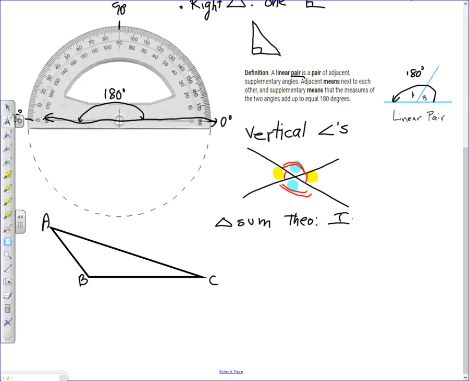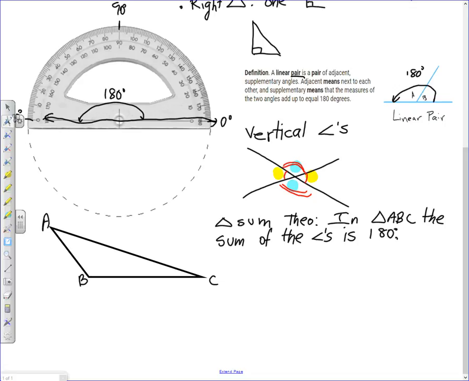In triangle ABC, this triangle, the sum, which means the addition, of the angles is 180 degrees.